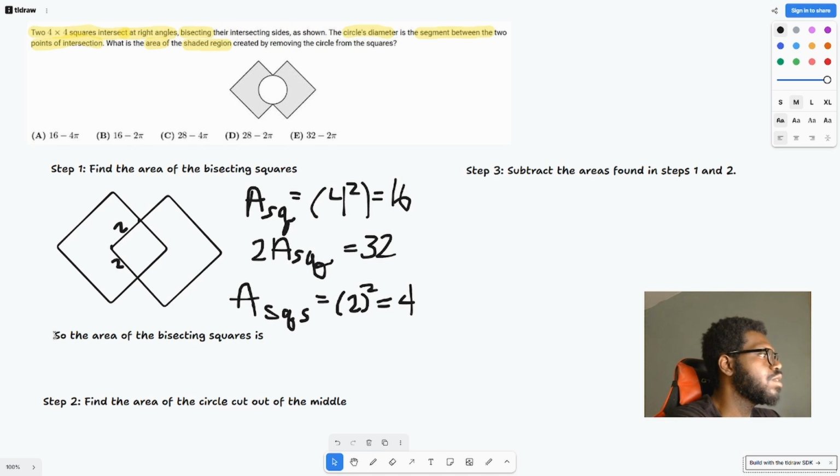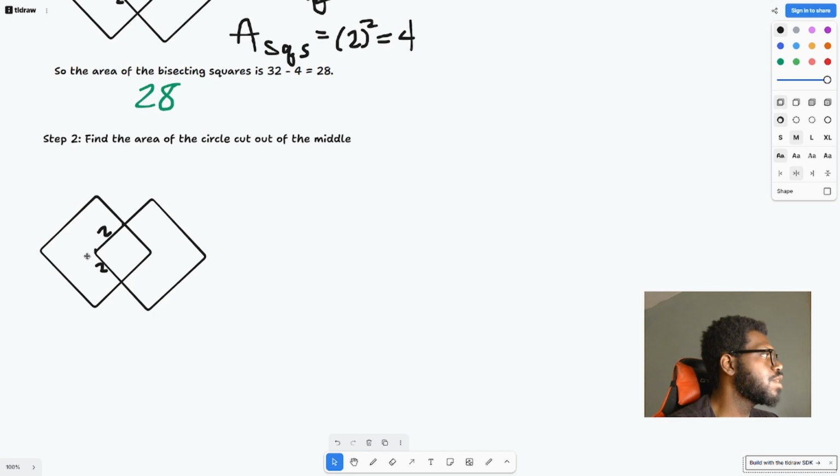So the area of the bisecting squares is going to be the area of the two squares minus the area of this small square in the middle, which is 32 minus 4, which is 28. And I will write this in green. This is the answer for step 1.